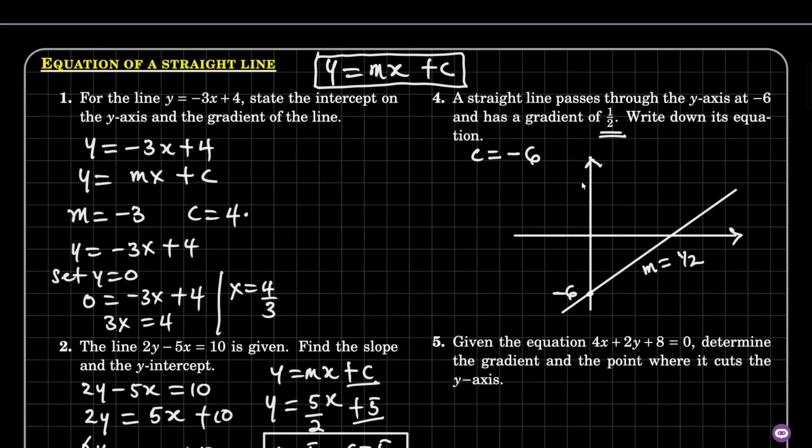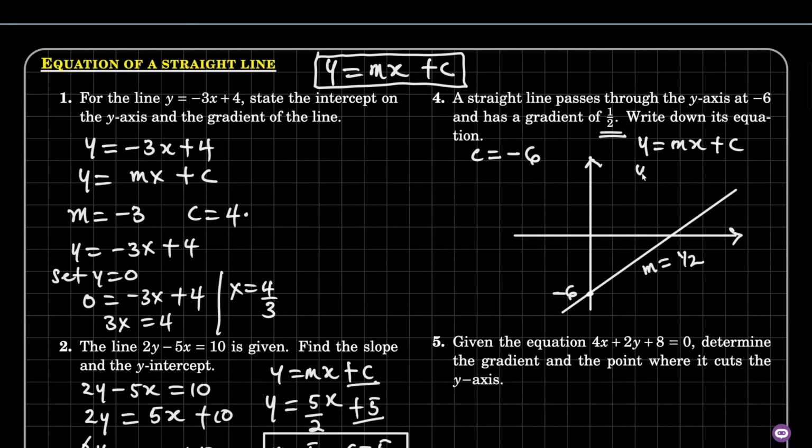Now, how do we find the equation of this line? We have the intercept and then we have the slope. Remember that the formula we are still using is y is equal to mx plus c. So all we have to do is to plug in the values that we have back into the equation.